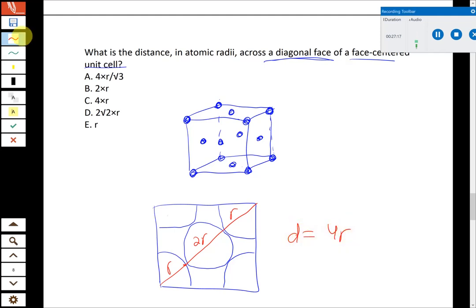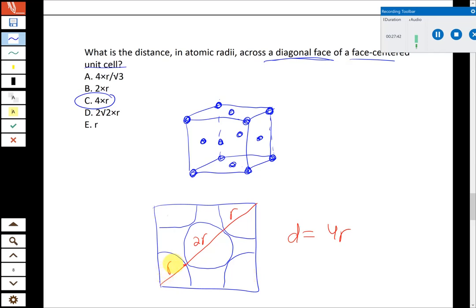Okay? So we went over in class a lot more derivations for these distances. These are probably the only 2 that you'll really want to know. I mean, some of the other ones are more complicated. If we talk about the distance along the side of this, that would end up as 2 radical 2r. We derived that in class. It's more complicated geometrically. It really is just geometry more than chemistry.